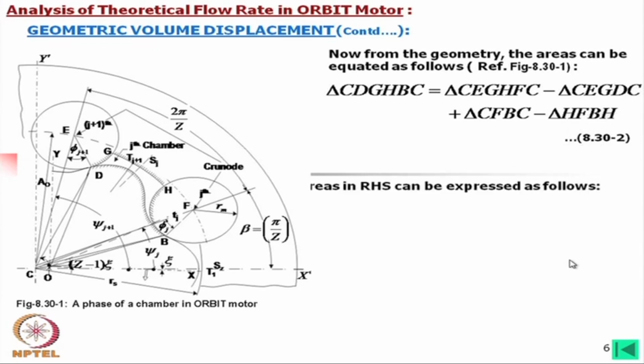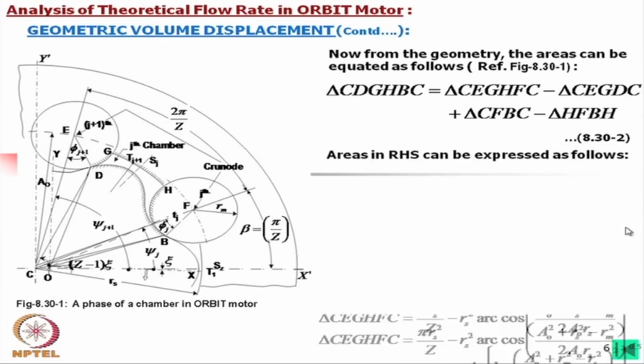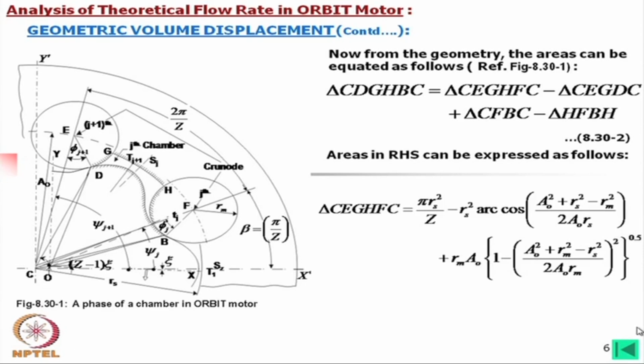Now, the area on the right hand side can be expressed as follows. This is purely geometric analysis. First, we have considered this one. We have taken pi Rs square by z, where Rs is the radius of this inner circle, that is the whole area, minus Ra square.